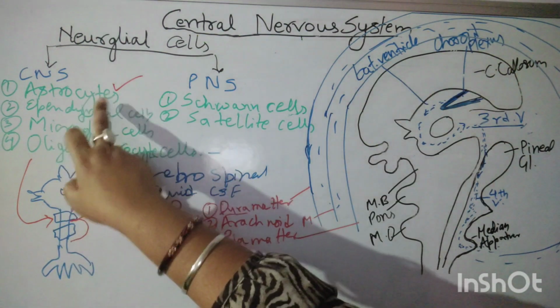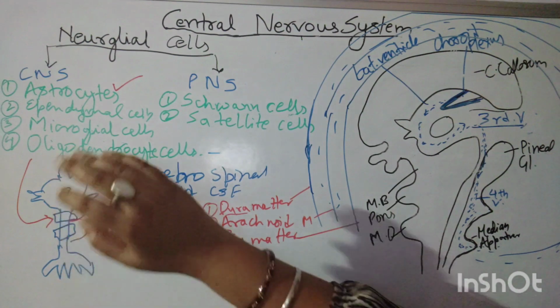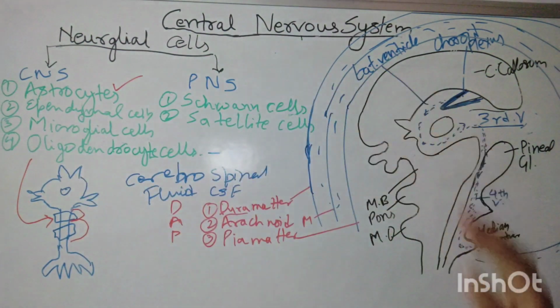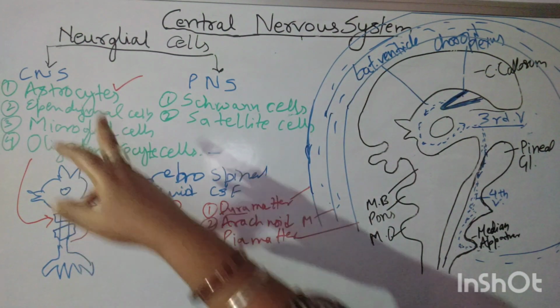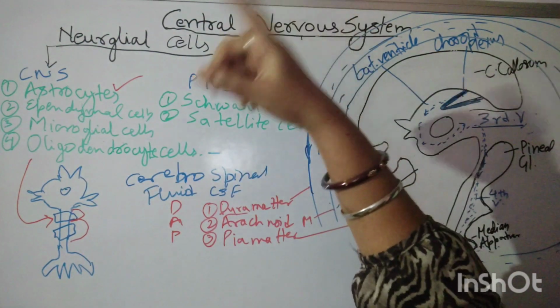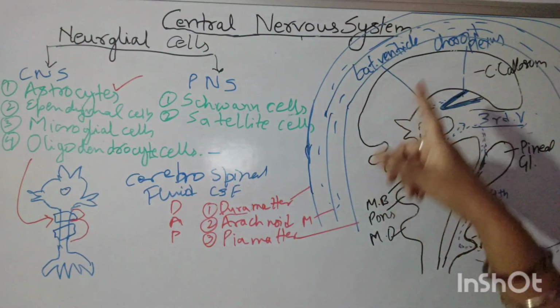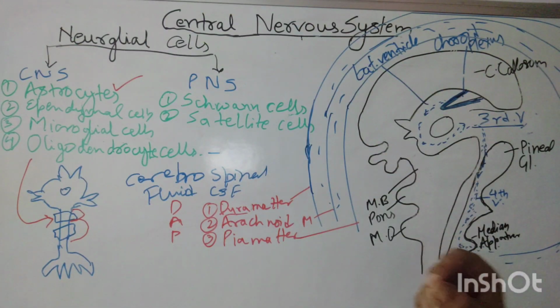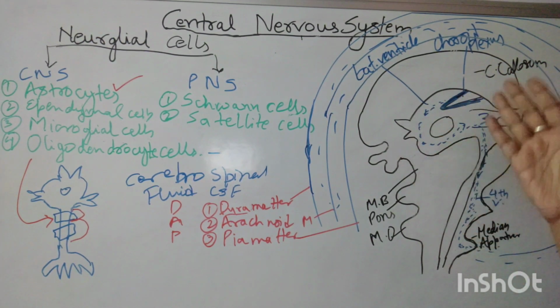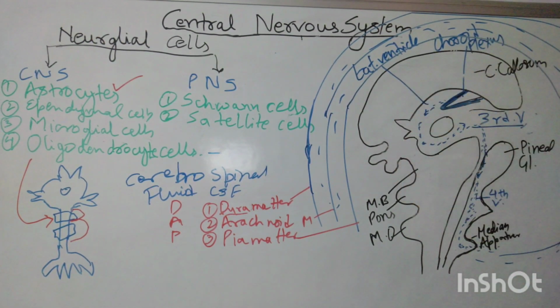So we have seen that astrocytes form the blood-brain barrier and provide nutrition to the neurons through the blood. Ependymal cells form the ciliated movements so that CSF can travel from all the ventricles into the meninges.